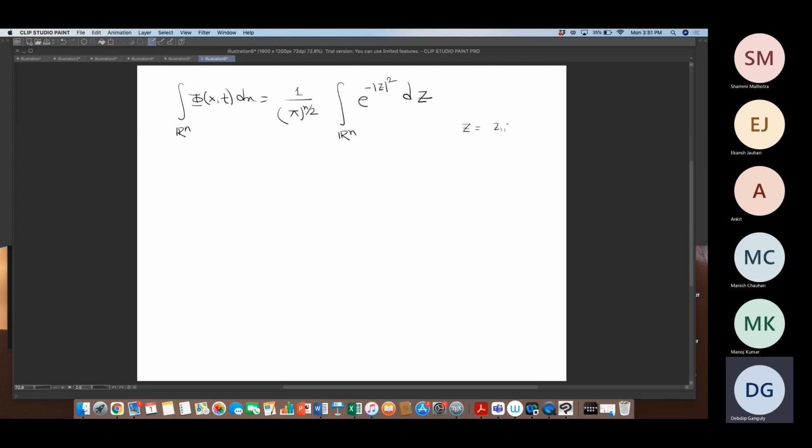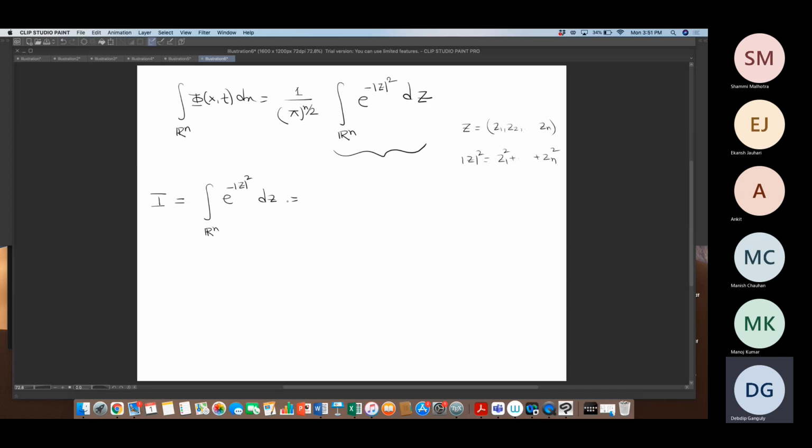What is z? z is z1, z2, dot dot dot, zn. So mod z square is z1 square plus dot dot dot plus zn square. So what you will do, you can use Tonelli's theorem, right? So you just have I, which is given by the integral over Rn of e to the power minus mod z square dz.